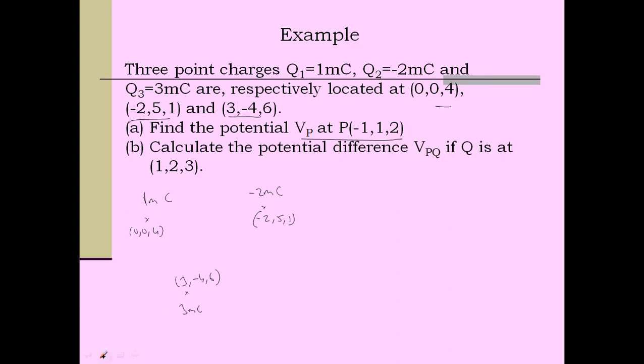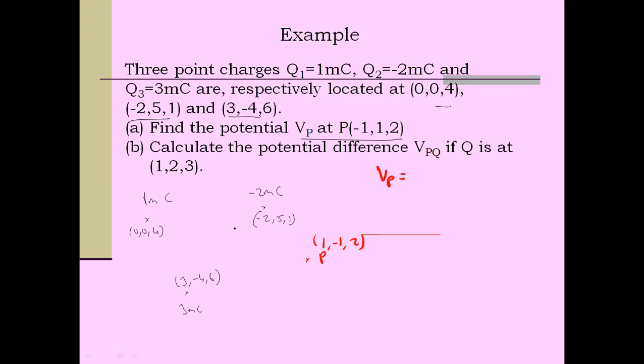The question is to find the potential at this point P, which I label here, located at 1, negative 1, 2. So we need to find the potential at point P.